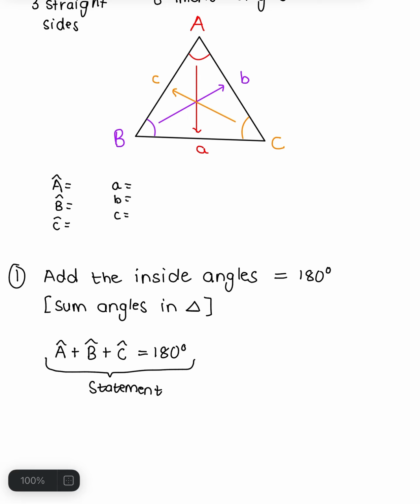The reason for this would be sum, and this is the angle sign, and sum angles in triangle. All right, and we'll always put the reason in brackets, or not necessarily always in brackets, next to the statement. And so going forward, whenever I give a statement, I will highlight it in pink. And whenever I give a corresponding reason, I will highlight it in green. So we have a statement and we have a reason.